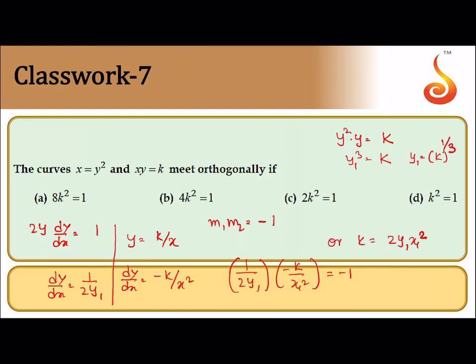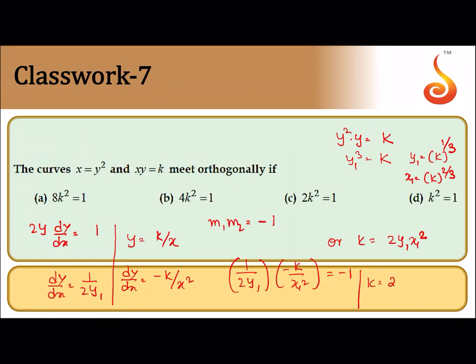Now where do they intersect? x is given as y square. So y square into y is equal to k. So y1 cube is equal to k. So what is y1? y1 is k to the power 1 by 3.